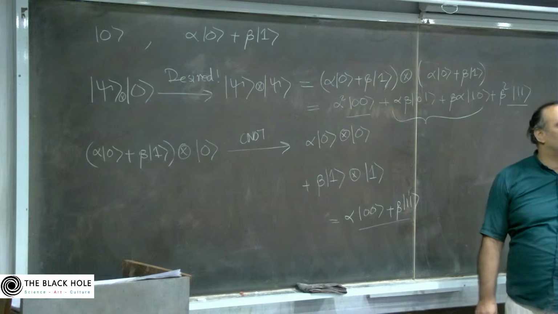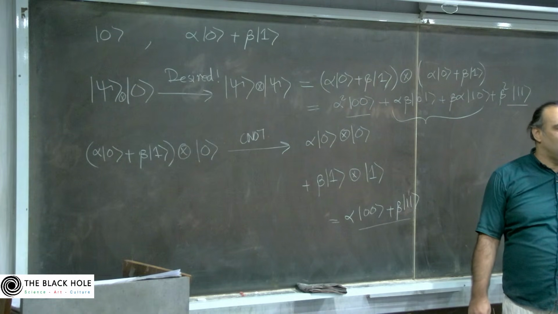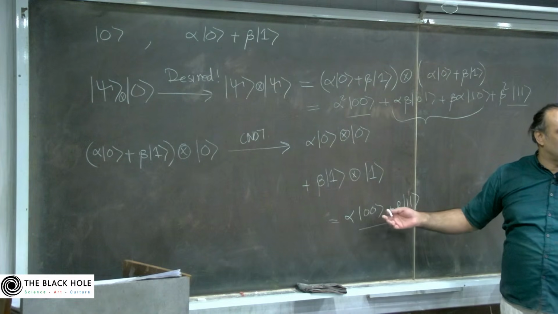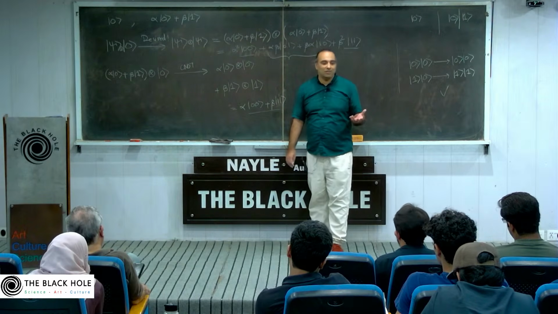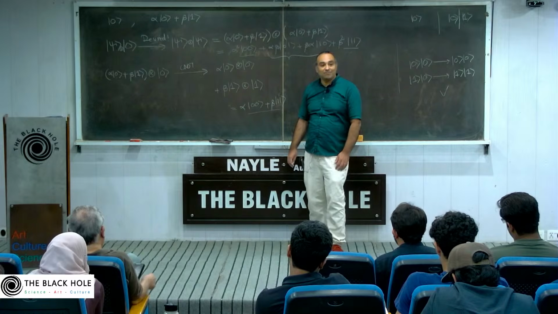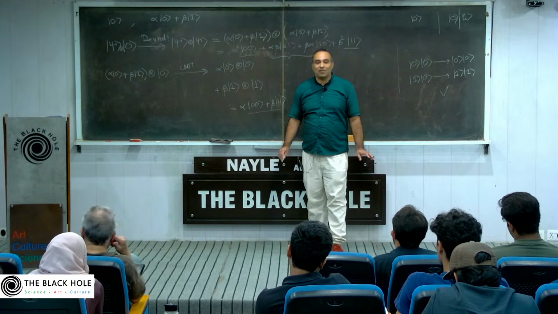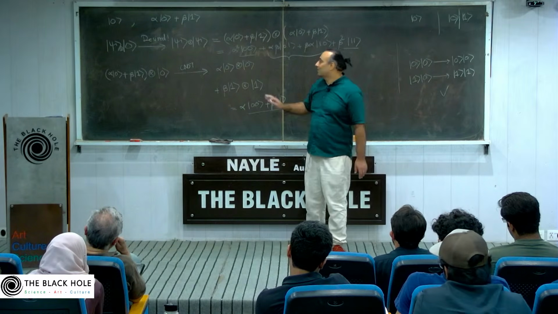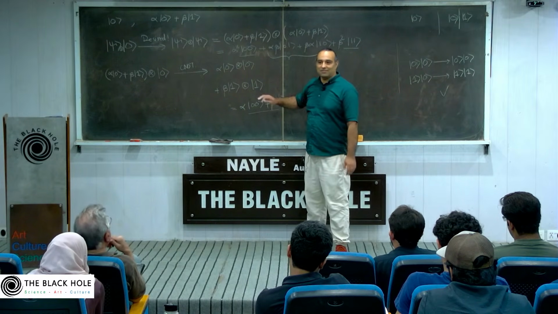Now you can think of other operations. I mean, this is one kind of operation to try to copy a state, but you can think of other operations, and it turns out that it's not possible for any operation. You cannot think of any operation that would get you here. Any linear operator? Yes, linear of course, and unitary.